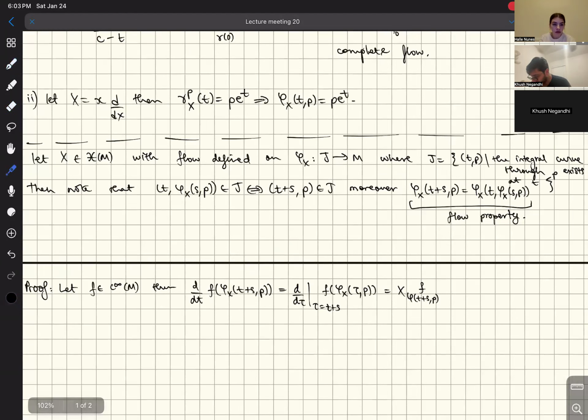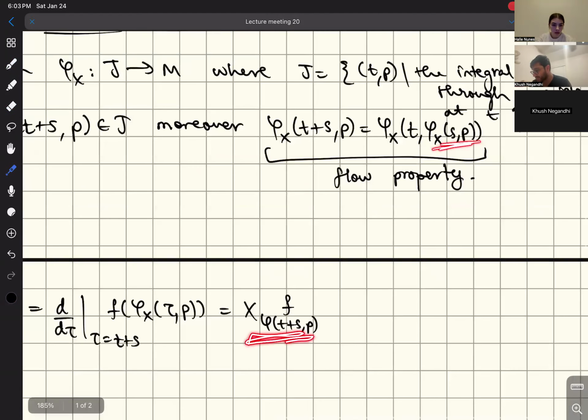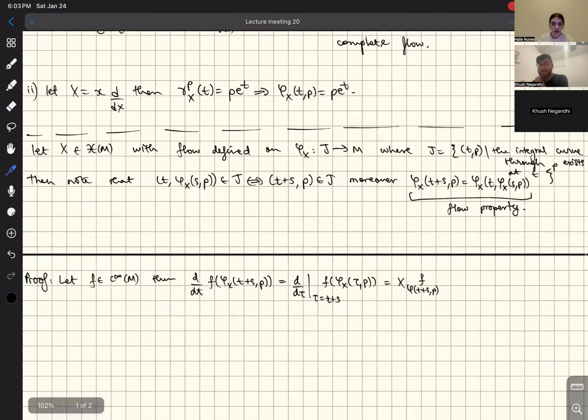Yeah, so we've shown that this thing is the flow, and the fact that this is the flow of this is by definition. This is quite literally the definition of the flow for time t through this point.